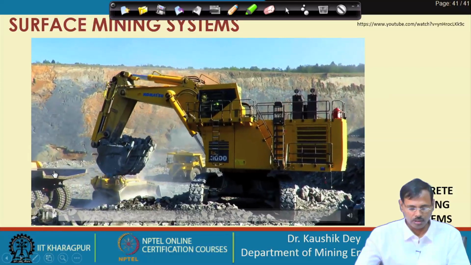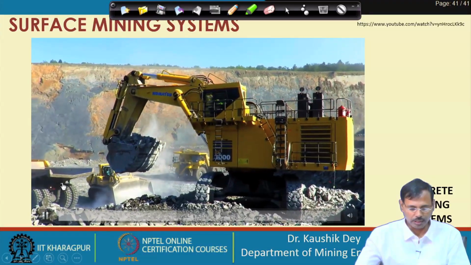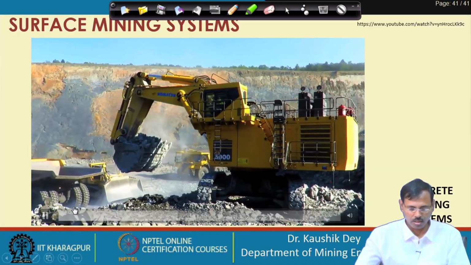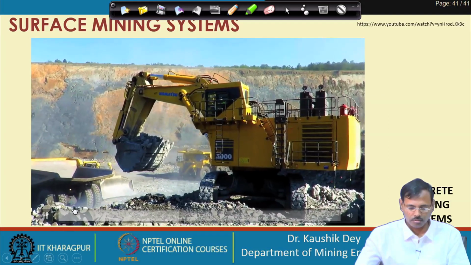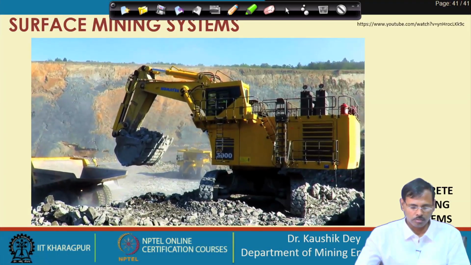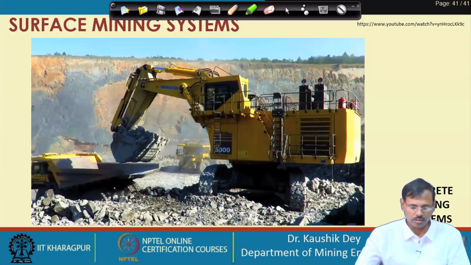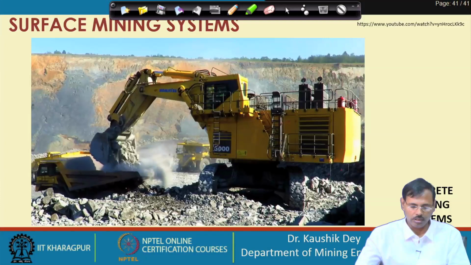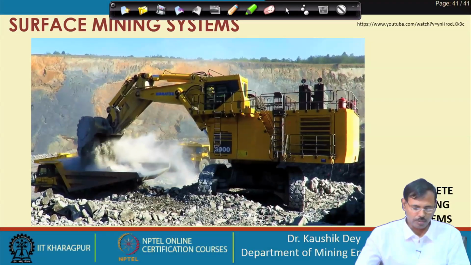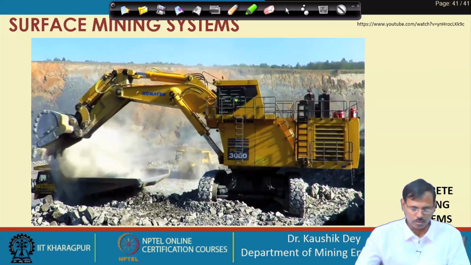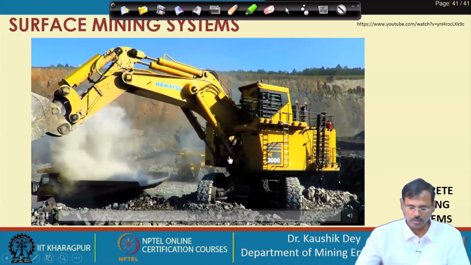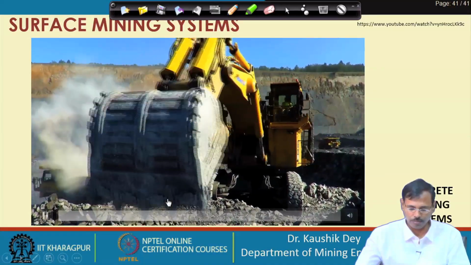Now, see your dumper has come. So, the excavator is now dumping the material in the pan of the dumper. So, this is the discrete loading and transportation system.